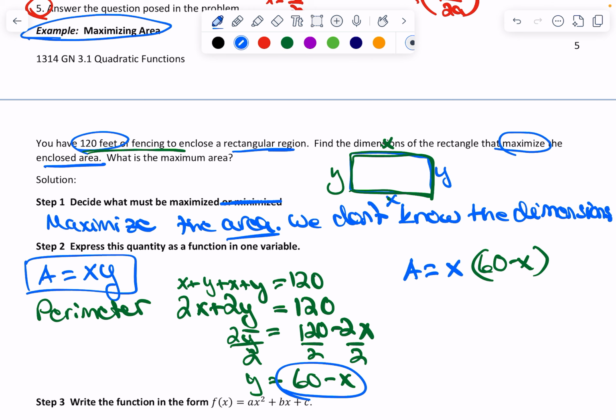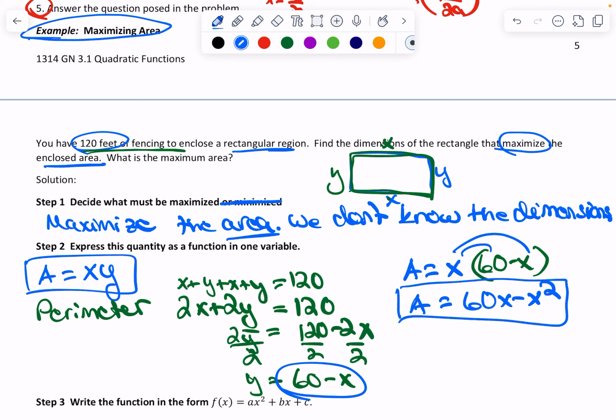So I get A equals 60x minus x squared when I distribute the x. So this will be our function. We have one variable, x. That's why we had to get rid of the y and plug this expression, 60 minus x, in there.